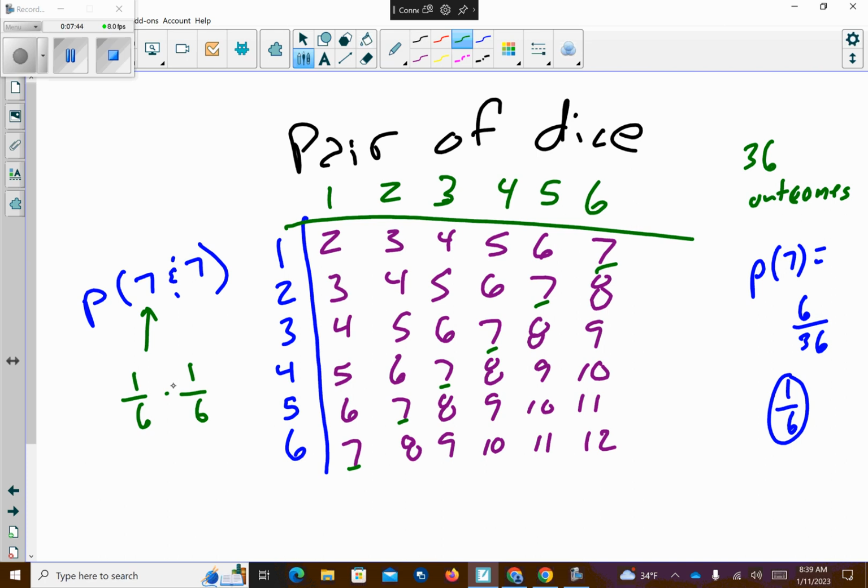So multiply top to top. 1 times 1, 1. 6 times 6, 36. So the probability that I roll a 7 and then another 7 is 1 out of 36. That means that 35 out of the 36 outcomes that would take place rolling the dice twice wouldn't be a 7 and a 7. It might be a 7 and something else, and it might be 2 completely separate numbers.